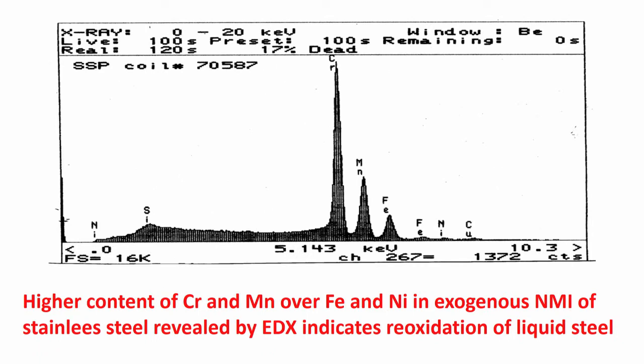You find the iron peak is quite small, the chromium peak is much larger, and the manganese peak is also appreciably large. That means it has formed due to reoxidation, which is nothing but chromium and manganese oxide, a combination of that. Because of reoxidation we find a lot of chromium oxide and manganese oxide in the entrapment.